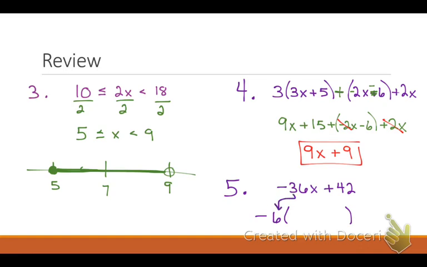You would divide the original by the number that was factored. Negative 36 divided by negative 6 is positive 6x, and 42 divided by negative 6 is negative 7. And I know this is completely factored because there's no other common factors inside the parentheses. Okay? If you understand that, you should be ready for your test over 5.1 to 5.4.